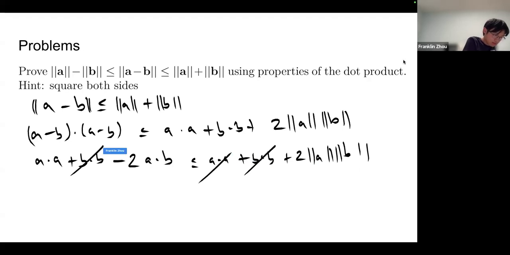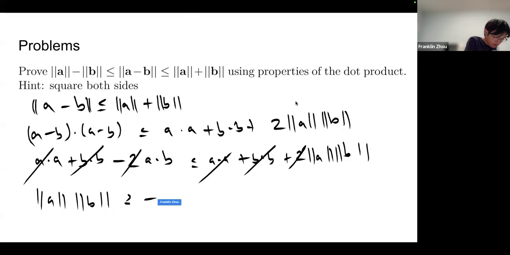And remember, just cancel all of these. So now we just need to show this. Yeah, and we divide both sides by a dot b again.